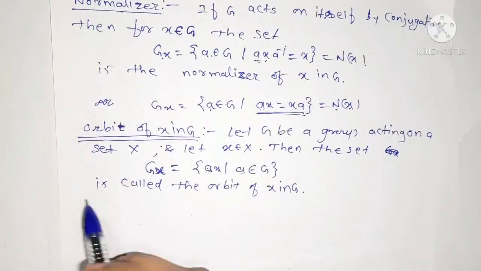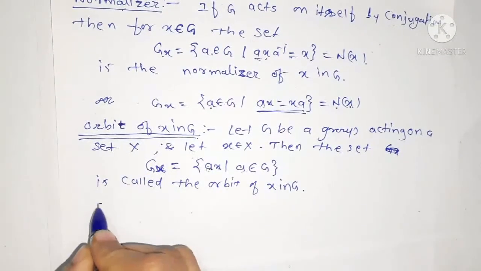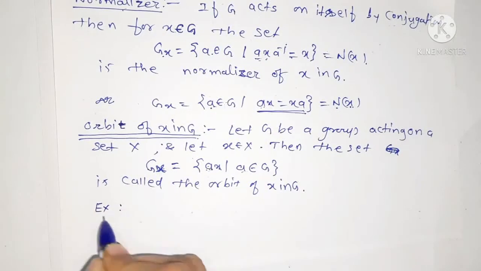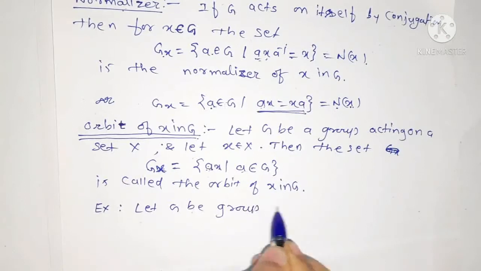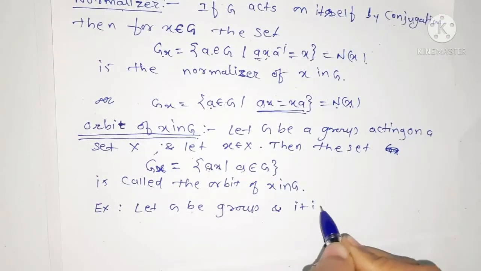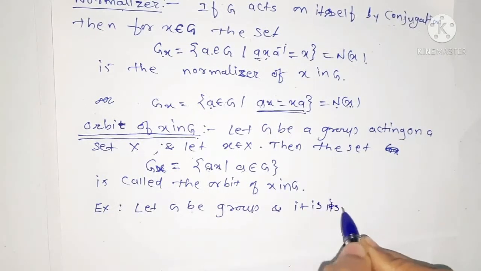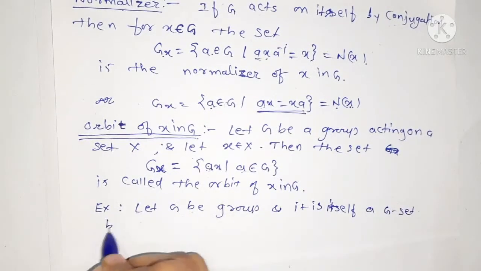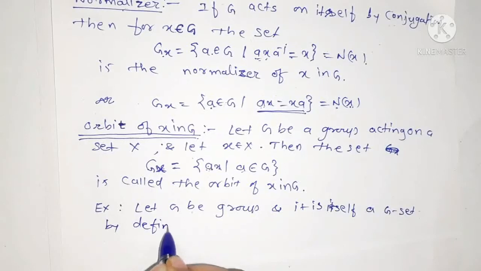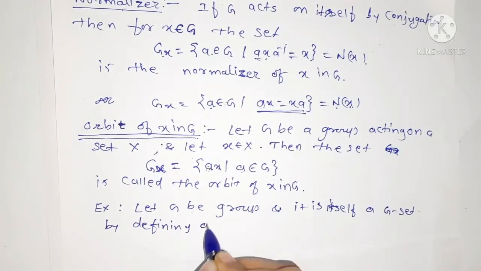Now let's see an example of the orbit of x in G. Example: let G be a group and it is itself a G-set by defining a star x equals ax. Okay, what is this called?